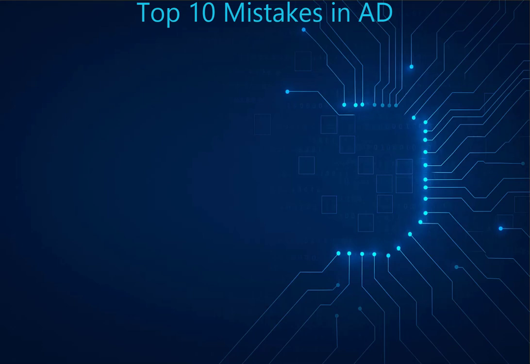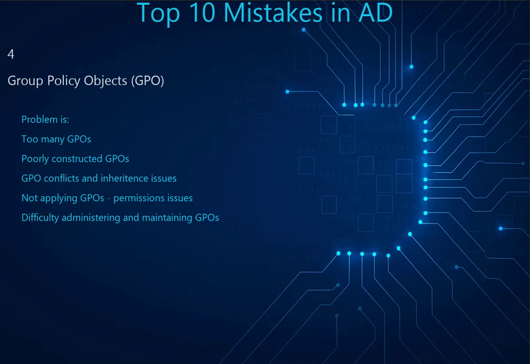Going hand in hand with number 5, organizational units, is number 4, group policy objects, GPO. What I see too often are too many GPOs, poorly constructed GPOs, conflicts, they're not applying appropriately, there's permission issues, and they're difficult to administer and maintain.